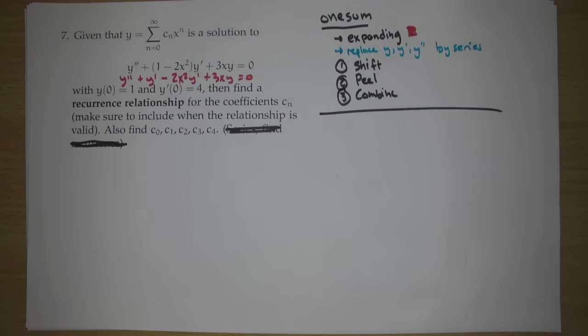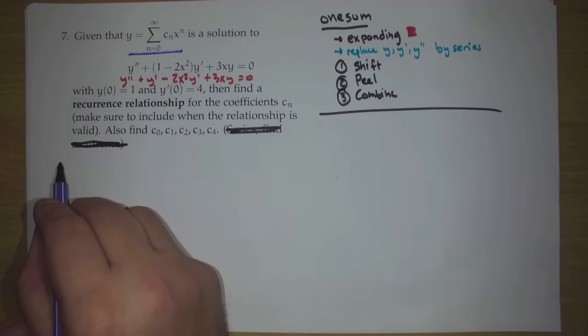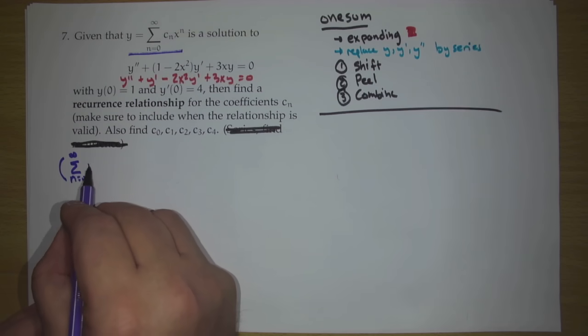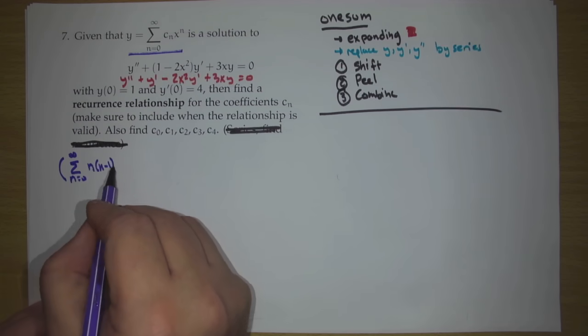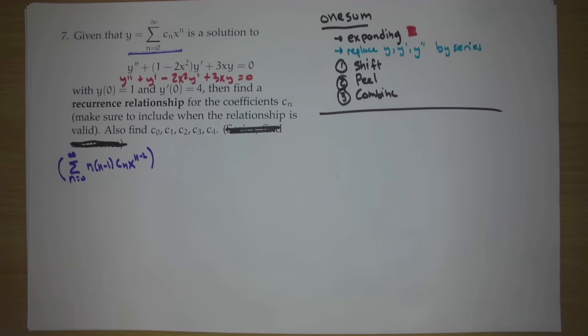All right, so here we go. y double prime. We have y for reference, so what is y double prime? Well, you just take derivatives term by term. Sum from n equals 0 to infinity of n times n minus 1, c_n x to the n minus 2. So I took two derivatives. First time I took a derivative, n comes down, and then it's x to the n minus 1.